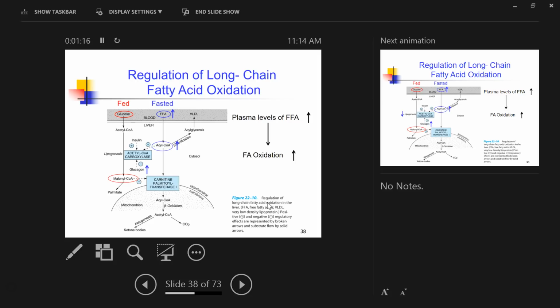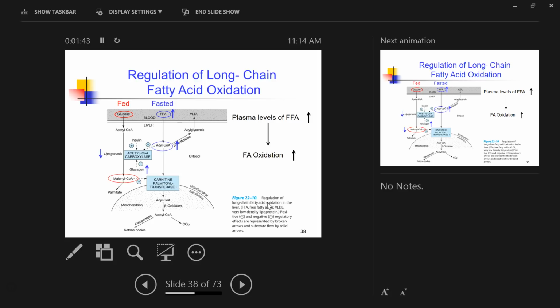activity. And in the meantime, because glucagon levels also increase, glucagon also inhibits ACC. So in general, when we have higher levels of fatty acids in the circulation, the ACC activity is inhibited, and ACC is the key enzyme in lipogenesis.